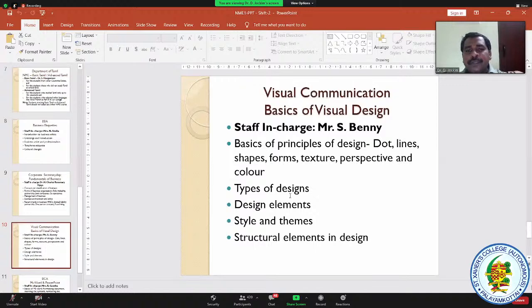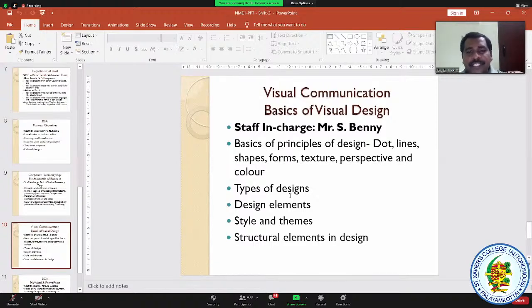The next one is the Department of Visual Communication, which gives a paper titled Basics of Visual Design. The staff in charge of this paper is Mr. S. Benny. In this paper, the basics of design like dot, lines, shapes, forms, texture, perspective, and color are given.